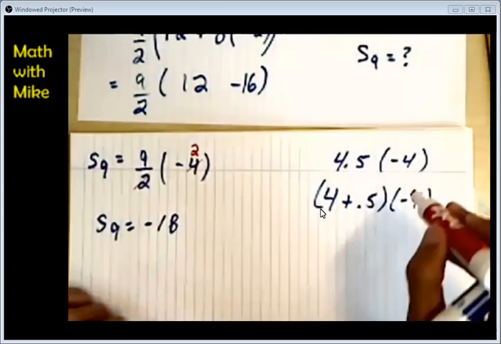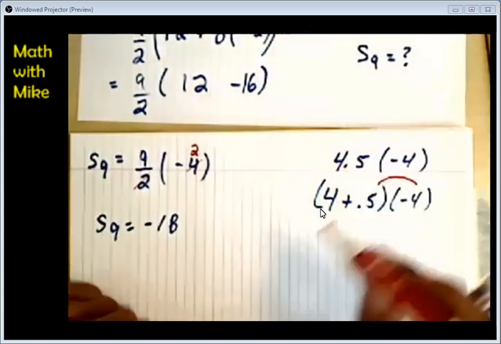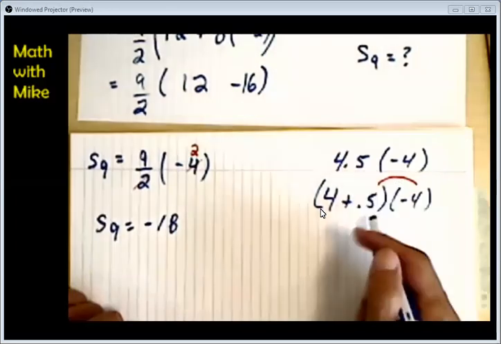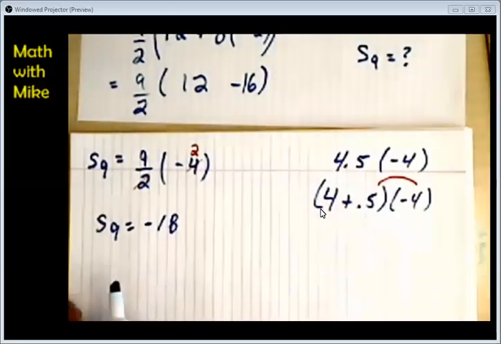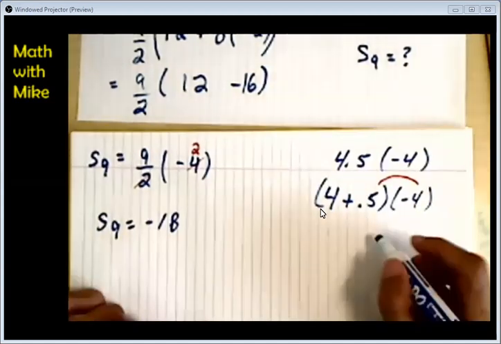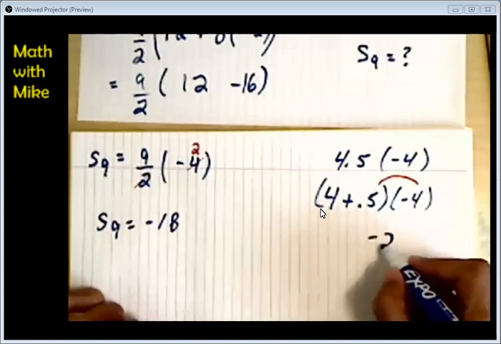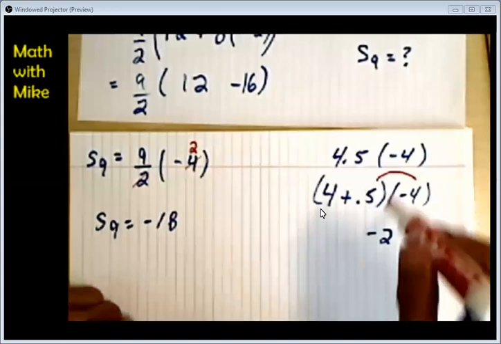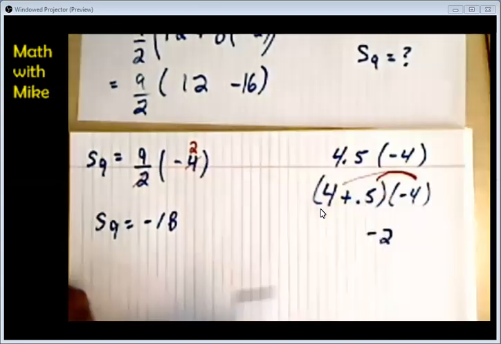What's half of minus 4? What's the first calculation there? Exactly. So you get minus 2 for that first multiplication. Then that one, minus 4 times plus 4.